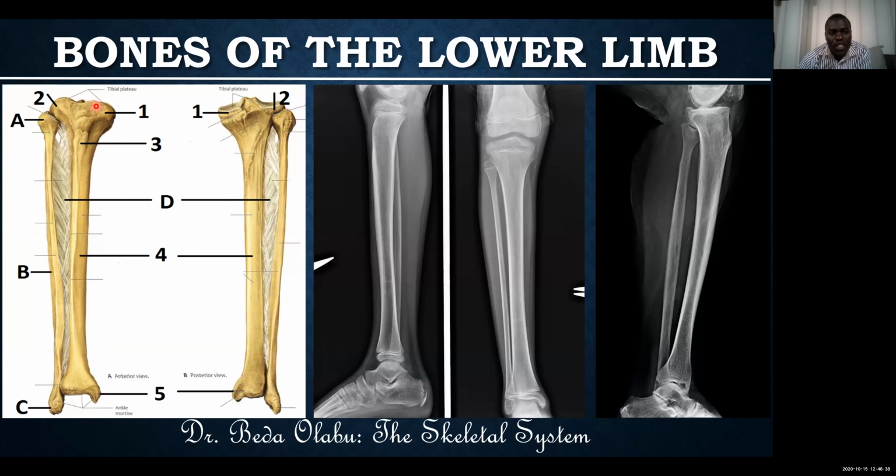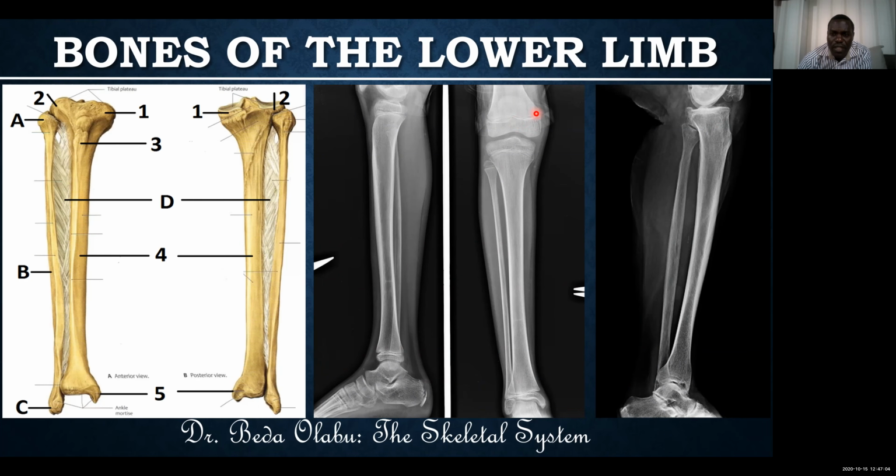The upper end of the tibia has those rounded ends, which you also call the tibial condyles, medial condyle, lateral condyle. This is the head of the fibula. So if you look at them here, this is still tibia, this is fibula. If you see this line, it tells you that this is skeletally immature.